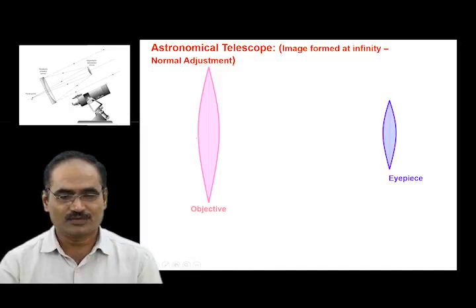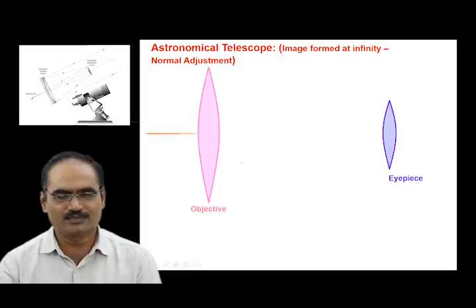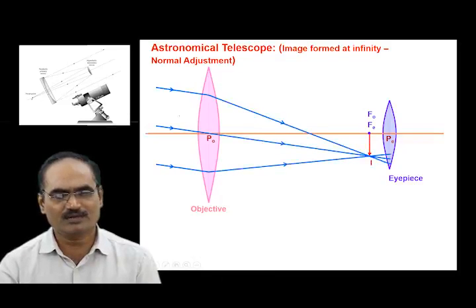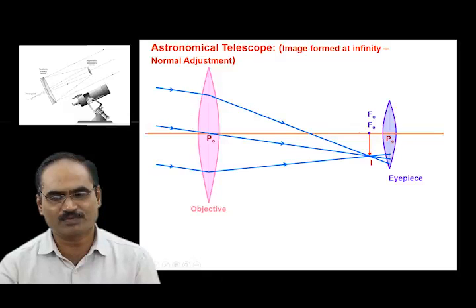Let us consider an object far away from these two lenses. Then it forms an image at the principal focus of the objective.